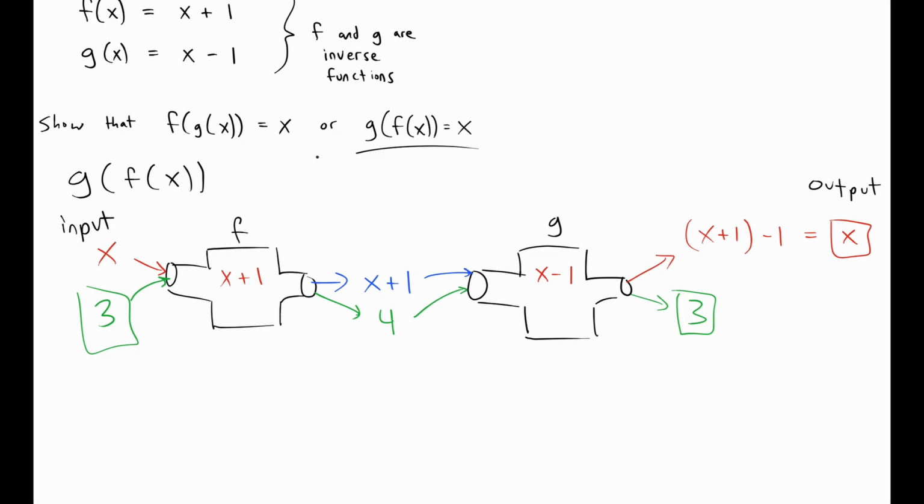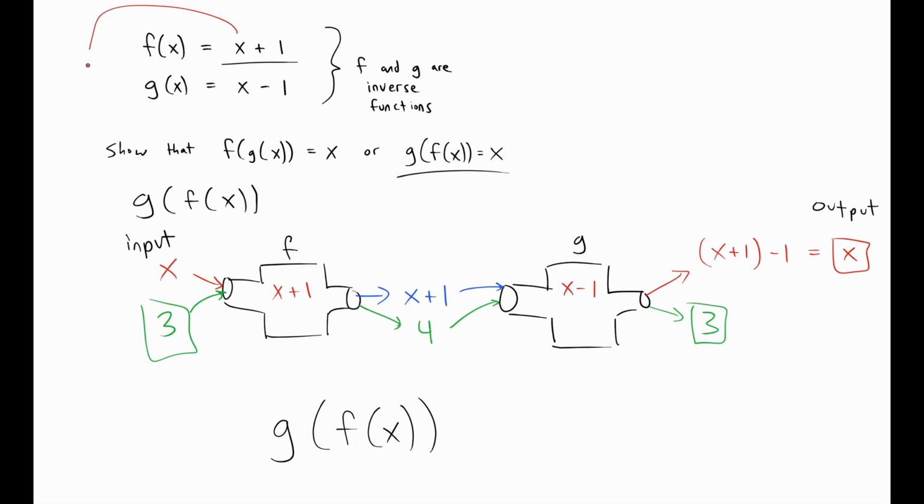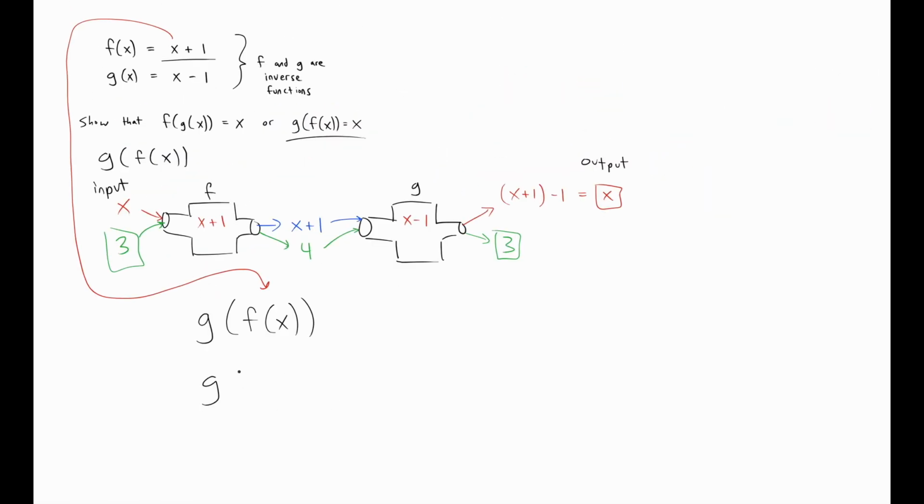Now you could look at it from just a formula approach without machines, and we have this definition of f(x) being x plus 1. So if you just take that and plug it in down here, you would get g(x plus 1) is what you're trying to find.